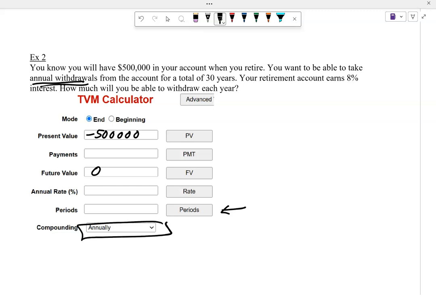See how I changed that to annually instead of monthly now? So n times t: once a year, I'm taking money out, just one time for the whole year. I'm doing this for 30 years. Oh, and my interest rate here was 8%. And then we're going to click on our payment.